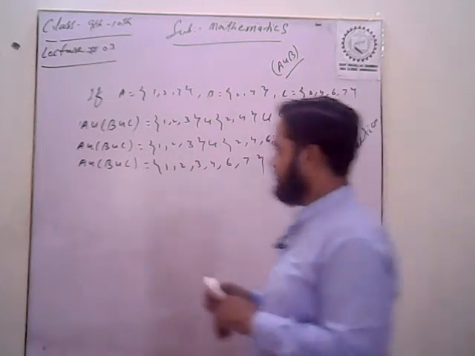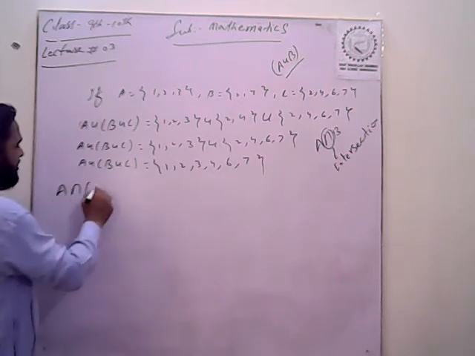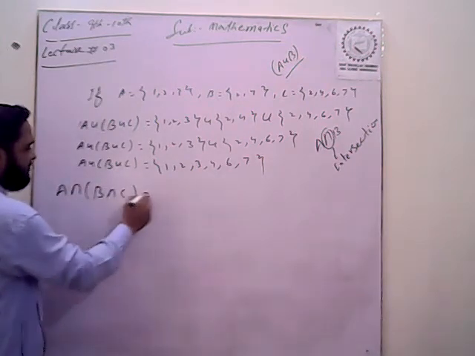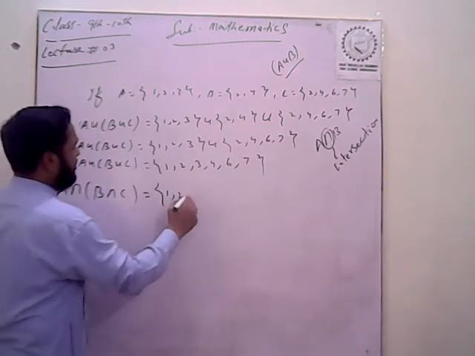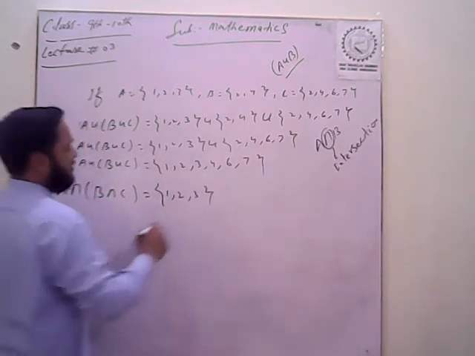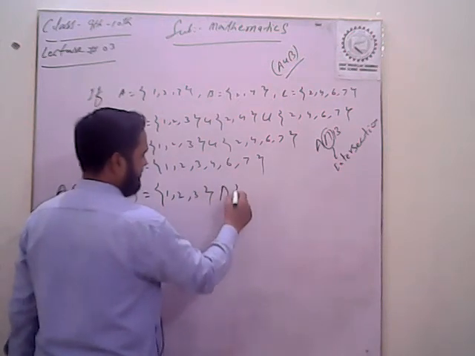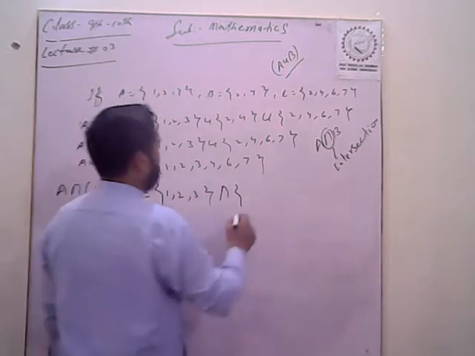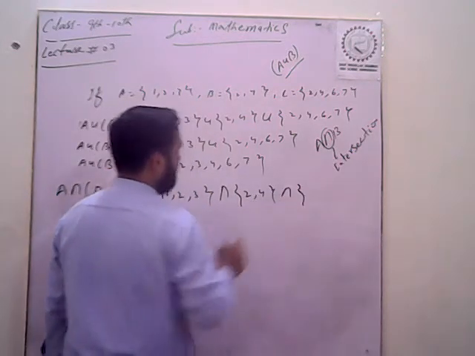For example, A intersection B intersection C. Now A is equal to {1, 2, 3}, intersection, this is the symbol of intersection. Now B is equal to {2, 4}. Again the symbol.